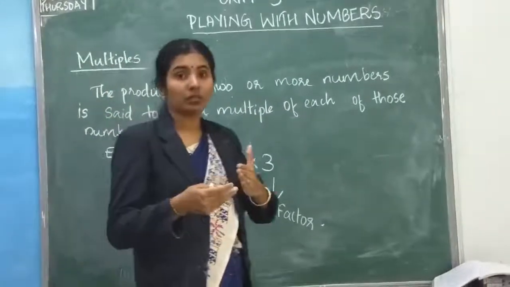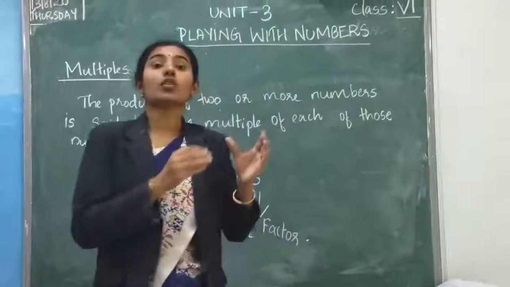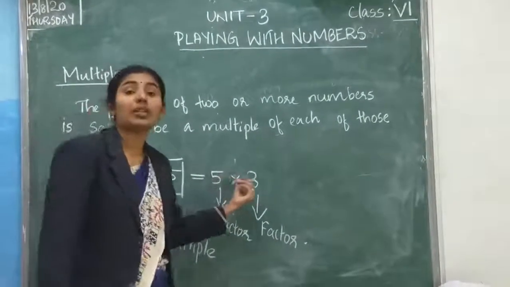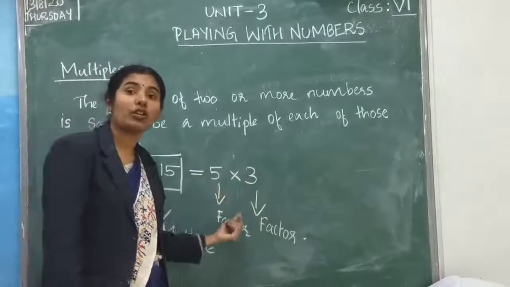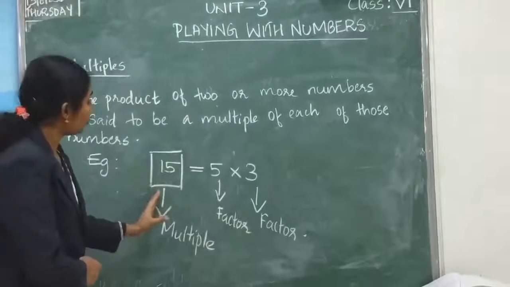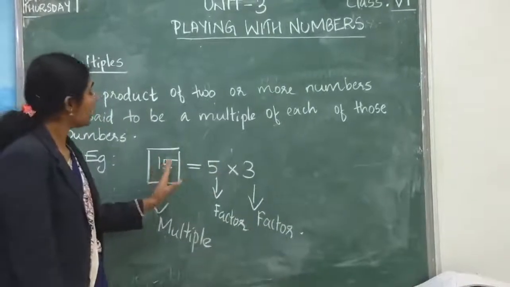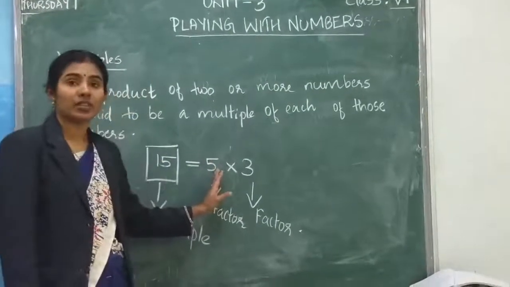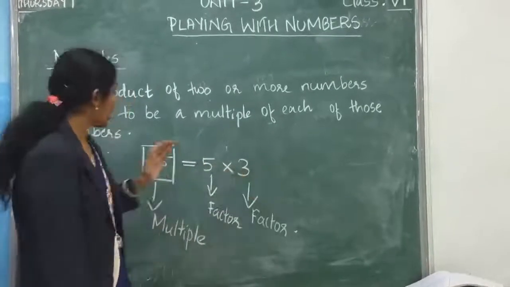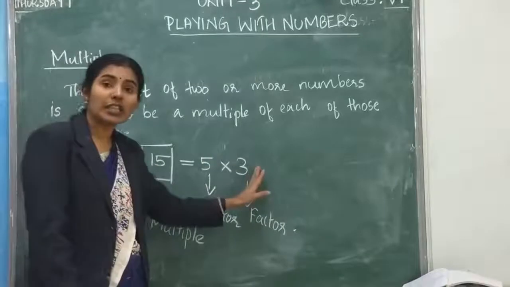The product we call a multiple, and each number you multiply, you should call a factor. So 15 is a multiple of 3, and 15 is a multiple of 5, because you get 15 when you multiply 5 by 3.